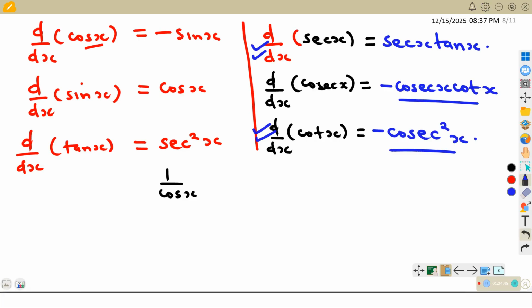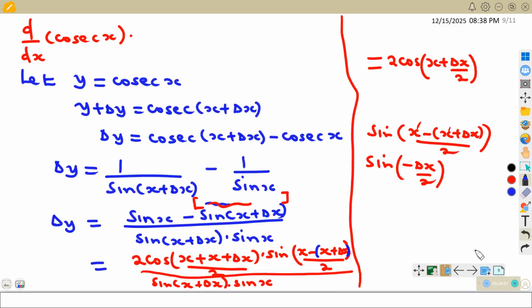Please follow similar procedures as we have done. For example, how to deal with sec is the same way we have dealt with cosec. You let y be sec of x, then bring in a small change in x, which brings about a small change in y.